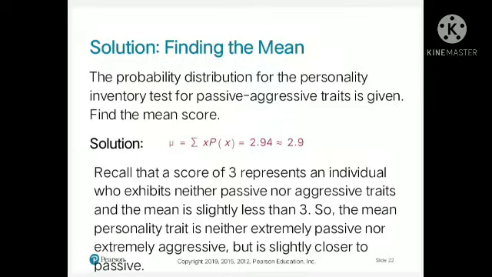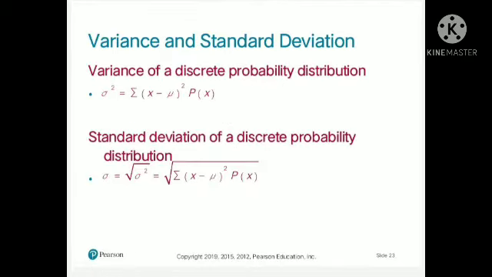So the mean score is 2.9. Recall that a score of 3 represents an individual who exhibits neither passive nor aggressive traits, and the mean is slightly less than 3. So the mean personality trait is neither extremely passive nor extremely aggressive, but is slightly closer to passive.